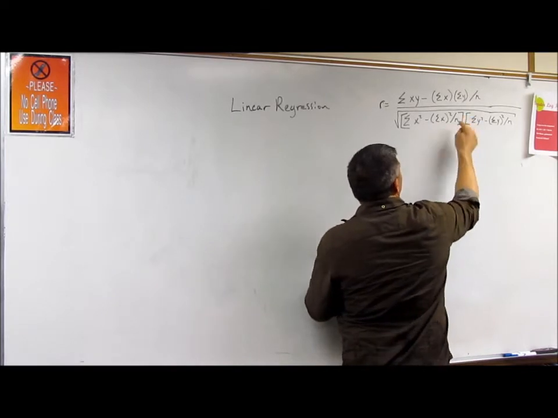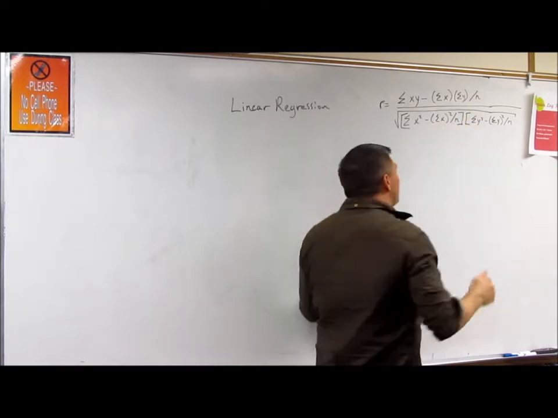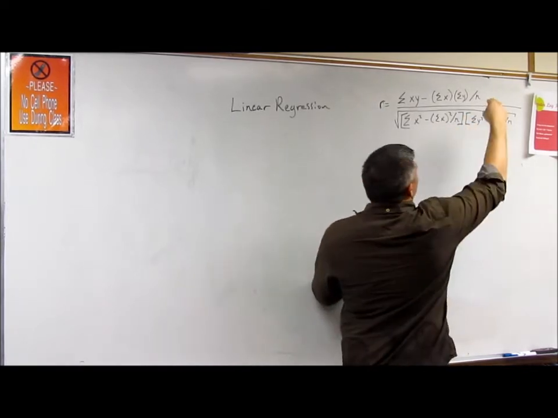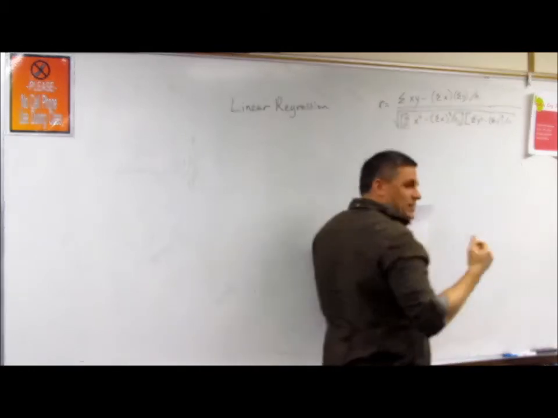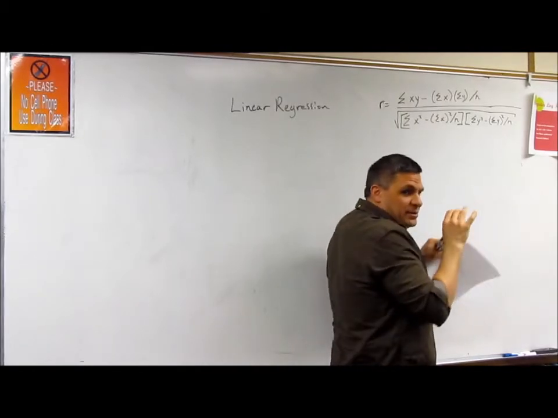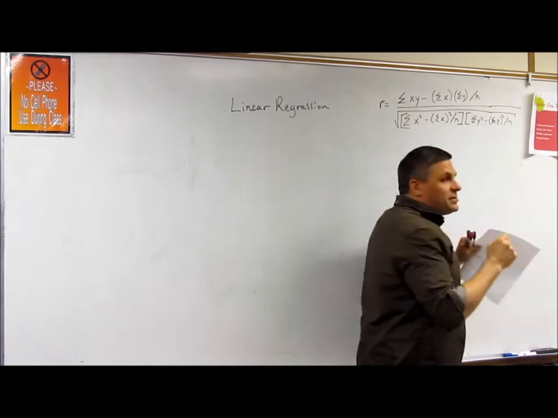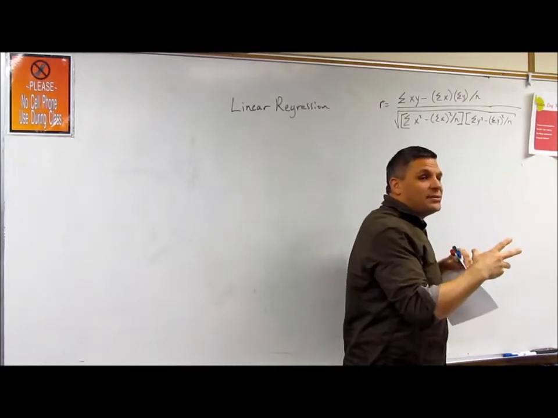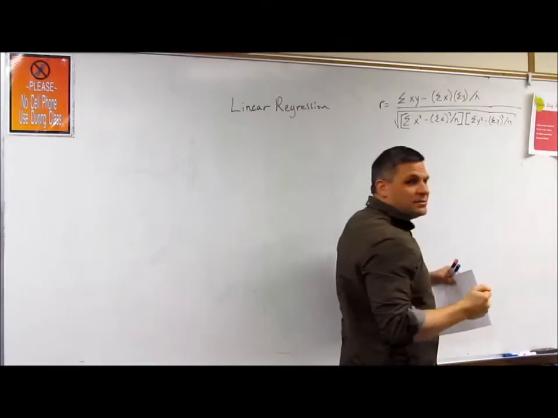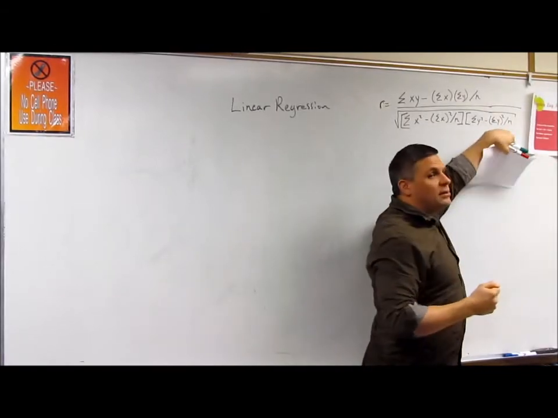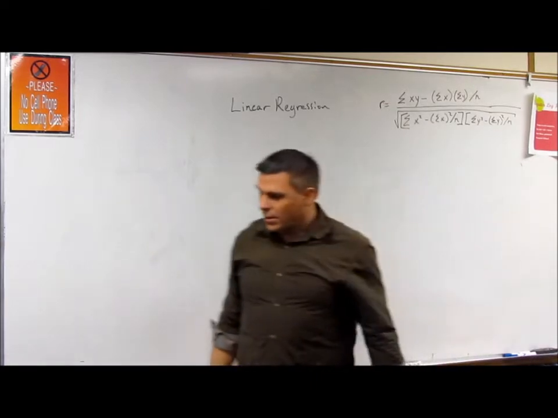Divided by the number of x's, right? Times the sum of all the y squared, minus the sum of the y's, squared, divided by the number of y's. Okay?